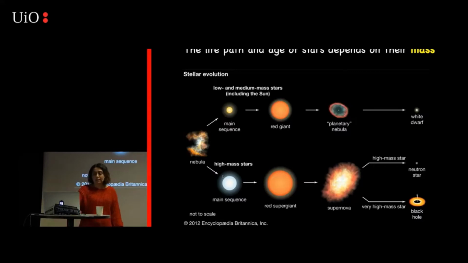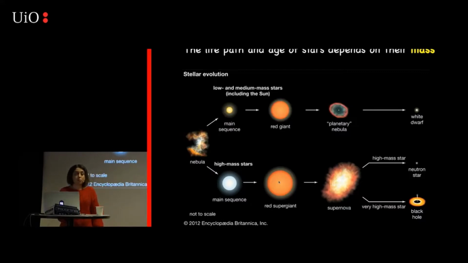For high mass stars, they have a shorter lifetime because they burn the fuel in their core much faster, because the temperature is much higher in the center. And after the main sequence phase, they will become red supergiants. They are really big. And the red supergiant phase is also very unstable, and eventually red supergiants explode as supernovae.